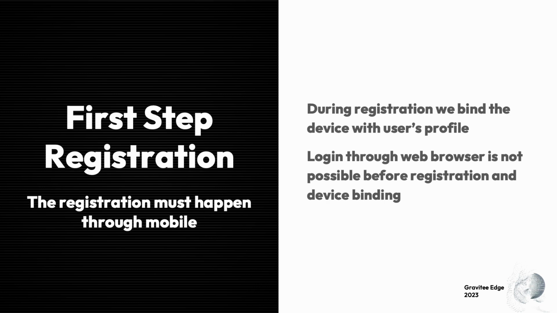In order to provide a simple and secure authentication experience from the web browser, and keeping in mind the safety, we require a registration through the mobile device first. This allows us to bind users' profile and preferences with the mobile device.